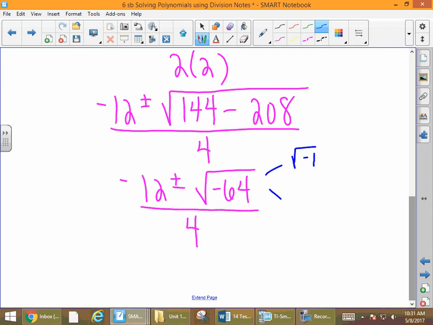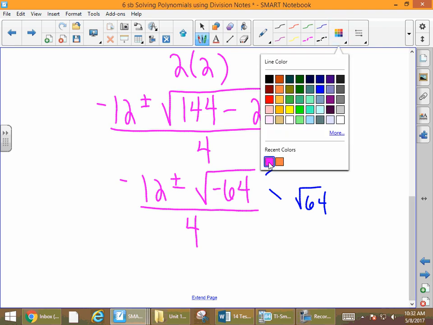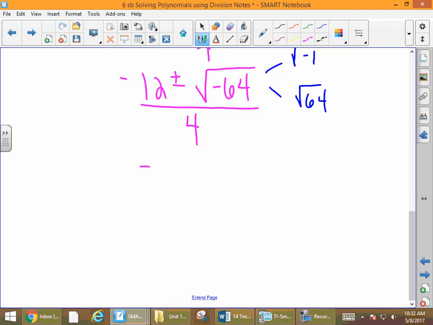Well, the square root of negative 1 and the square root of 64. What's the square root of negative 1? What's the square root of 64? 8. So when we simplify that, we get negative 12 plus or minus 8i over 4.